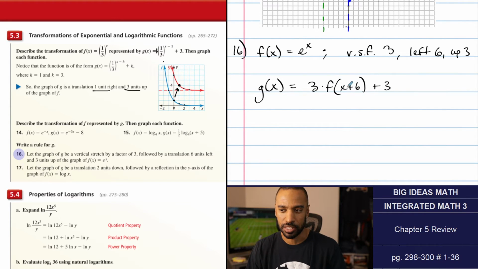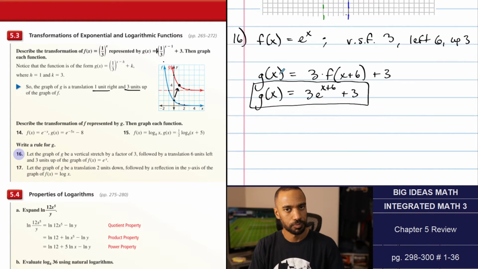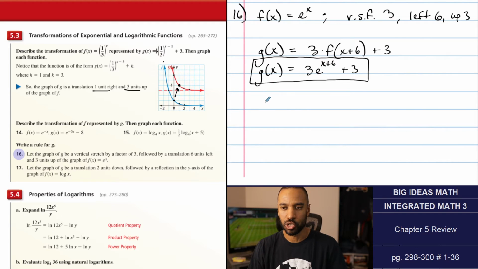Everything that's inside here gets affected, but in its own way. We're all good. Order of operations is intact. This becomes 3 times e to the x plus 6 replaces x, so x plus 6 power, and then plus 3 on the outside of that. So this is that function with those things in mind. No graph. Again, it didn't matter if it was e or 2 or whatever. That's just how it works.